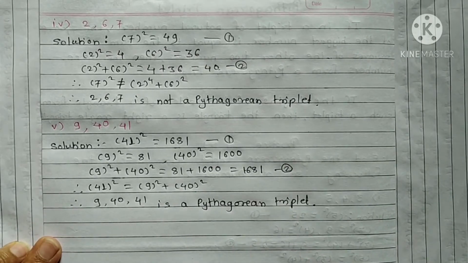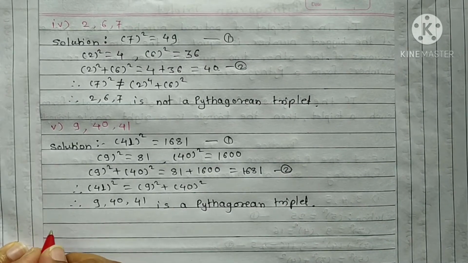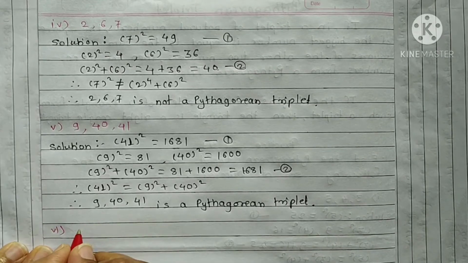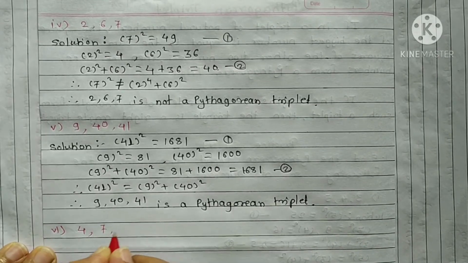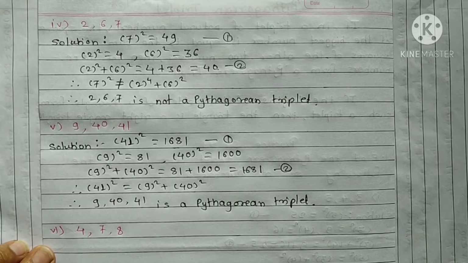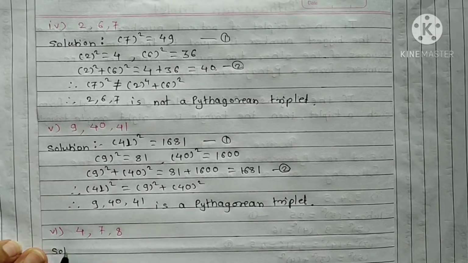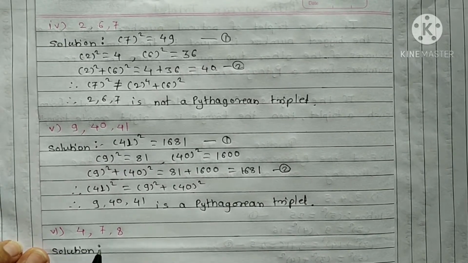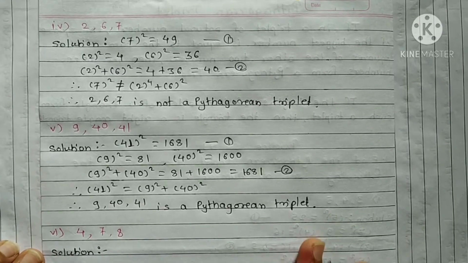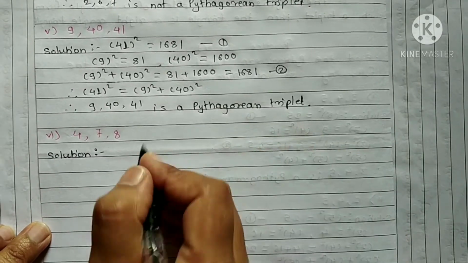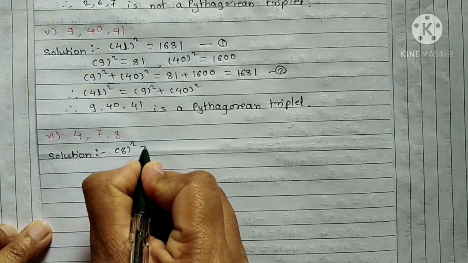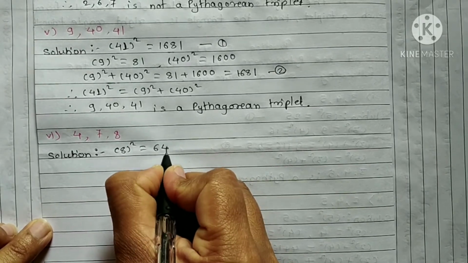Now the last example, that is 4, 7, 8. Let's see the solution. Here the biggest number is 8. So 8 square is equal to 64.